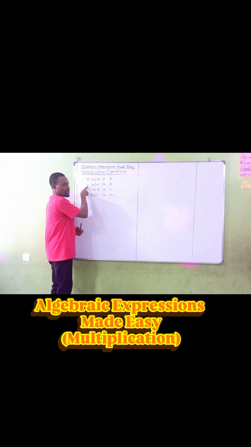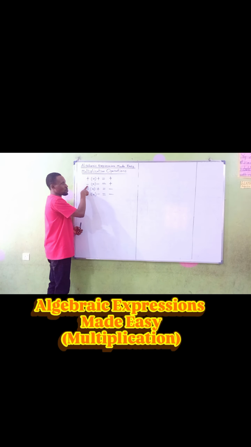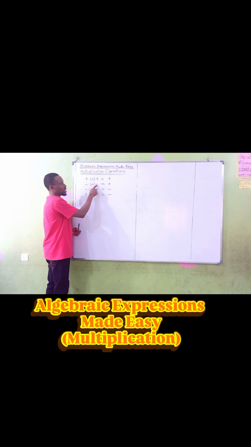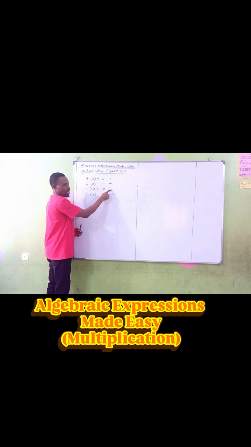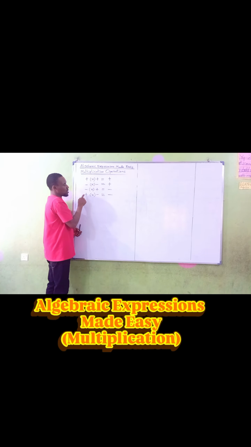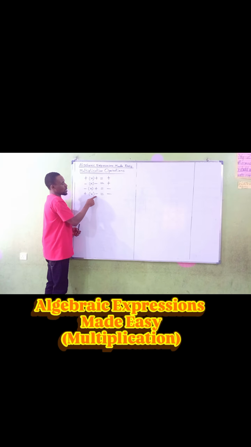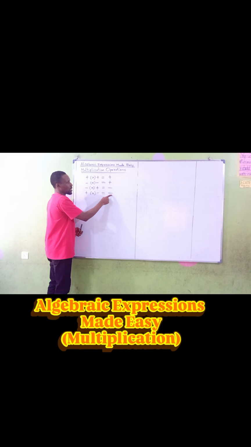If we have a negative number or variable multiplying another negative, the result will be positive. If we have negative multiplying positive, we have negative. Or if we have positive multiplying negative, the result will be negative.